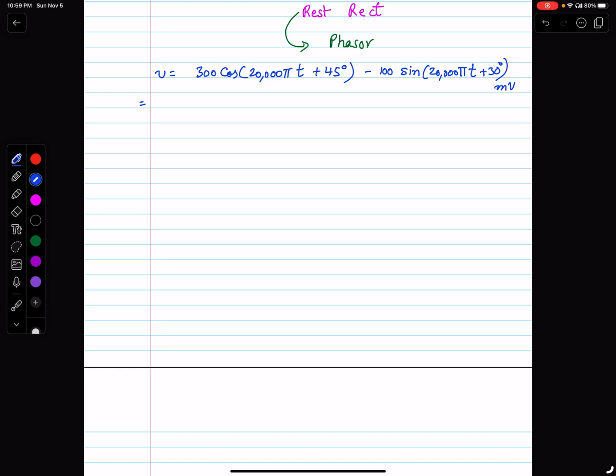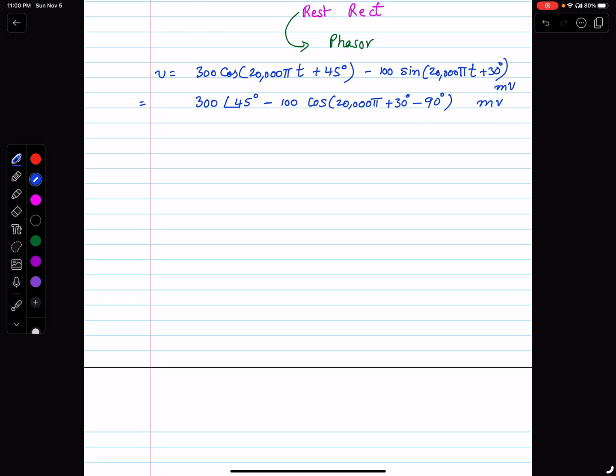So I'm still going to write this as 300 angle 45 degrees because that is straightforward, minus 100 sine 20,000 pi t plus 30 degrees. Now, if I subtract 90 degrees from here, this sine becomes cosine. So now I have expressed this guy in cosine form.